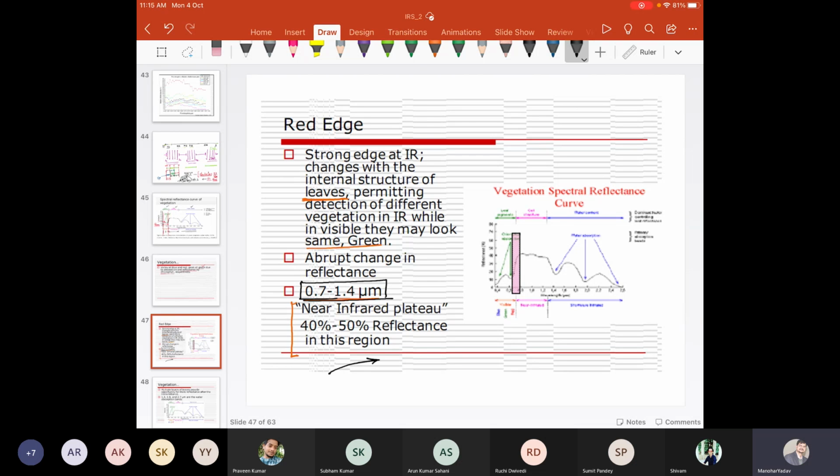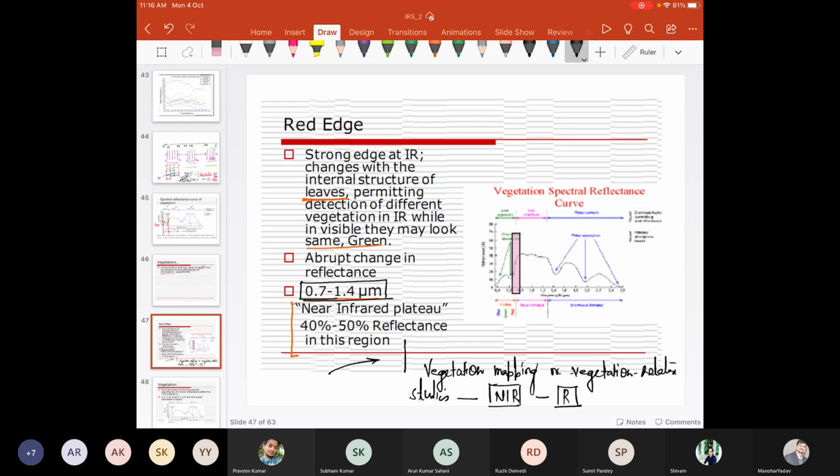So this is the region why, for vegetation mapping and vegetation related studies, the spectral band we select in NIR, near infrared, is one band, and another spectral band we select in red.